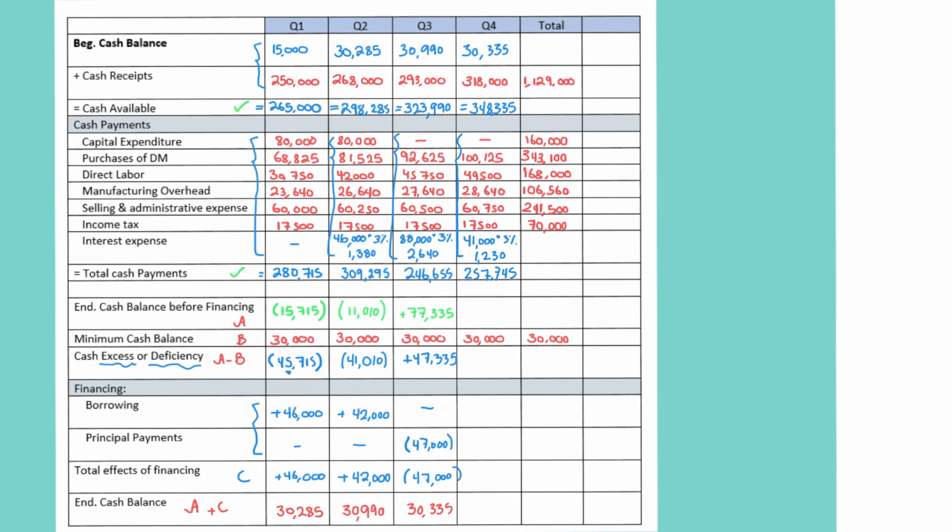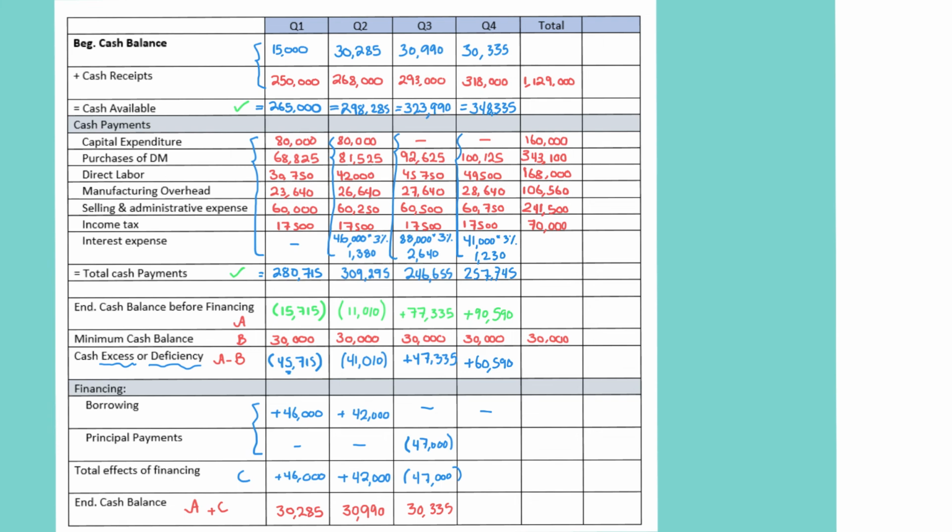Now cash available less total cash payments, I get a positive answer, which is 90,590. Again, it's above the minimum, so I have cash excess. Okay, so A less B, I'm gonna get a positive answer of 60,590. Okay, so no need to borrow anything. I can pay my loan or the rest of your loan, which is, can I pay all of the loan left, which is 41,000?